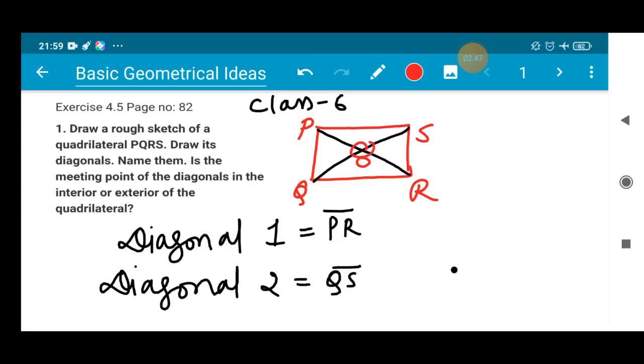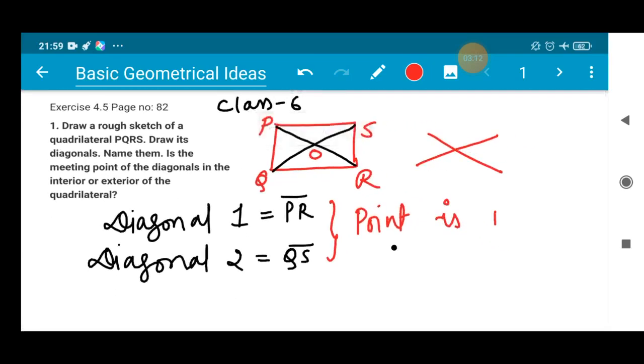When two lines intersect, they meet at some intersecting point. I've given the name of this point as O. So is this point in the interior of the quadrilateral or the exterior? Easily you can say that point O is in the interior of the quadrilateral.